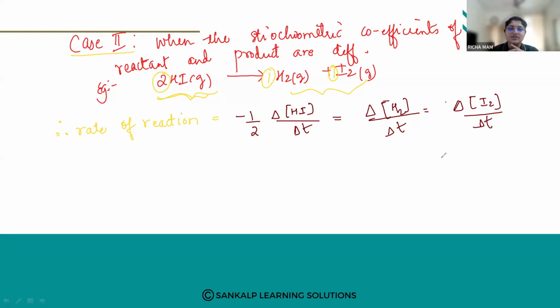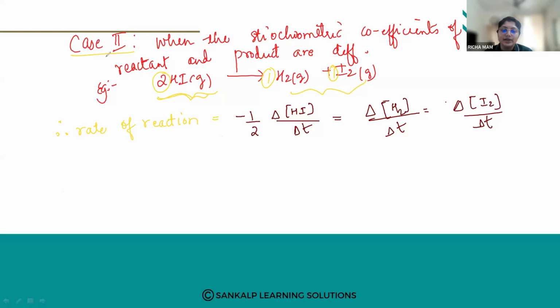One case where the stoichiometric coefficients of the reactant and product are the same, and how to write the average rate of the reaction. And the second case where the stoichiometric coefficients of the reactant and the product are different, and how to write the rate of the reaction. This way we are going to write the average rate of the reaction.